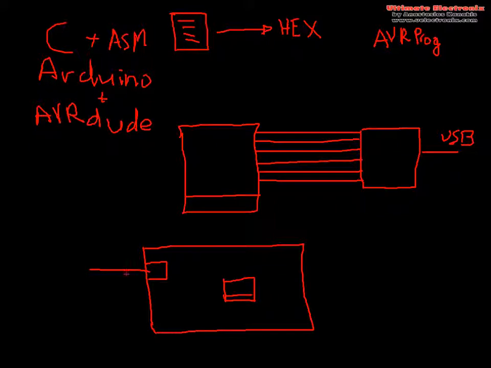So you connect to the computer, this is your PC, and with the Arduino software it loads the program through this USB cable directly to this chip, utilizing the bootloader.